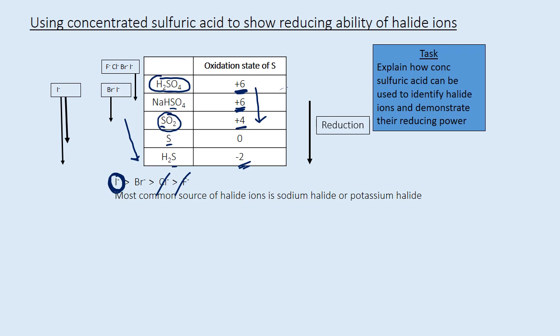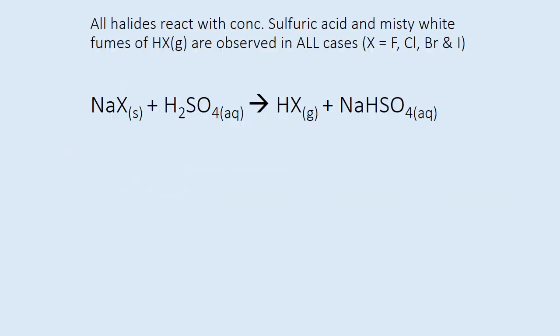So let's have a look at what those equations will look like. And again, we need some observations here. So all of them will do that reaction. Every single halide will undergo that reaction, okay, to make the NaHSO4. And the observation here is misty white fumes.